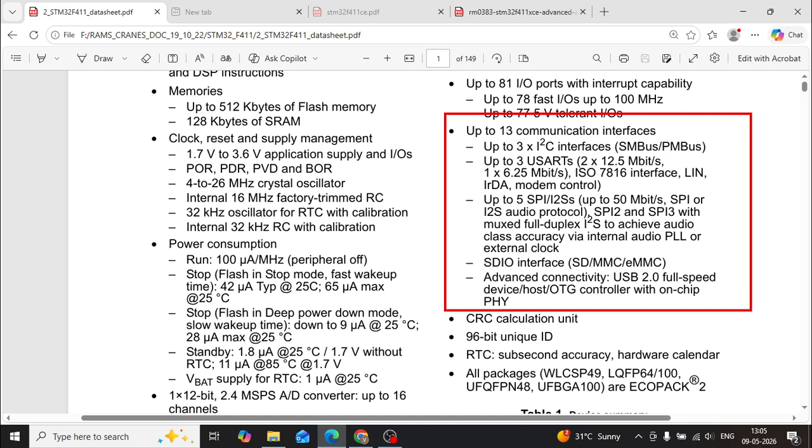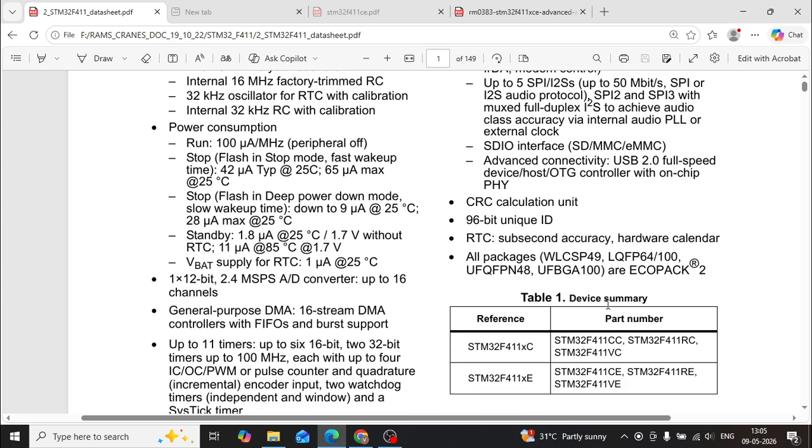This section is all about your communication interfaces, including I2C, UART, SPI, and USB. Then we have a CRC unit. CRC stands for cyclic redundancy check. This CRC unit is used to provide the checksum before transmission and also to verify the validity or integrity of the data. I'll explain this in detail in upcoming videos.